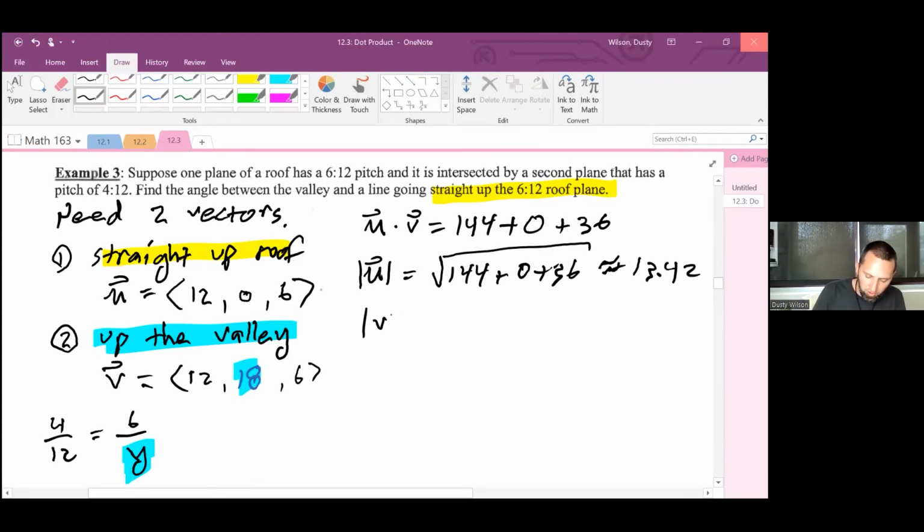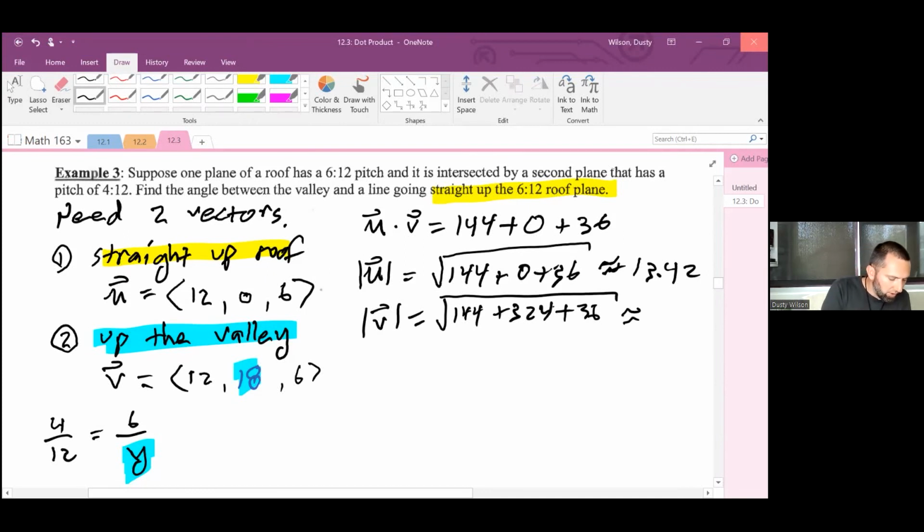And the magnitude of V is going to be the square root of 144 plus 324 plus 36, which is approximately 22.45.